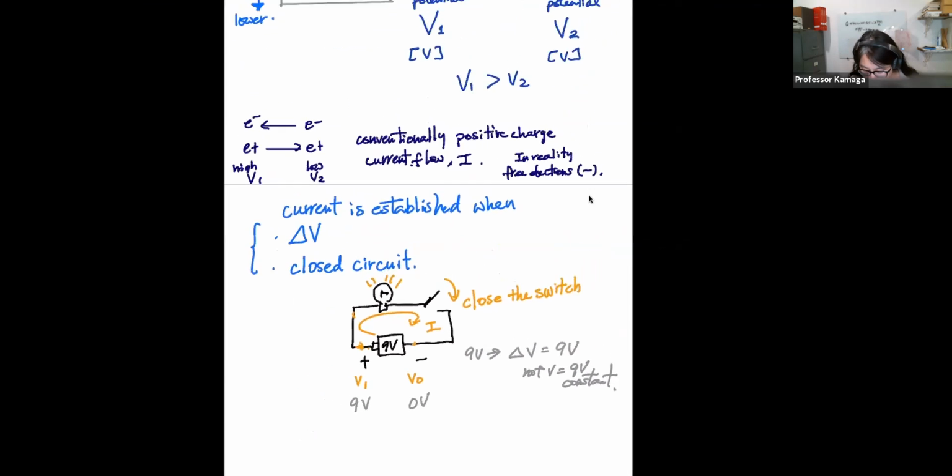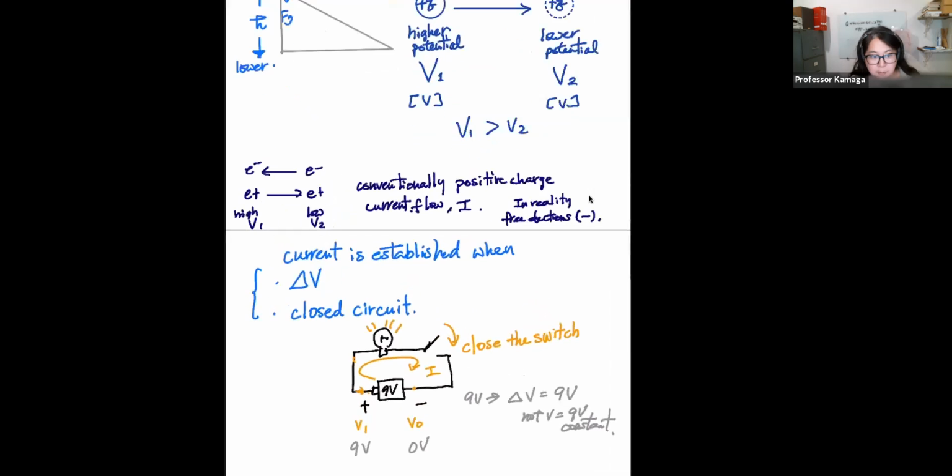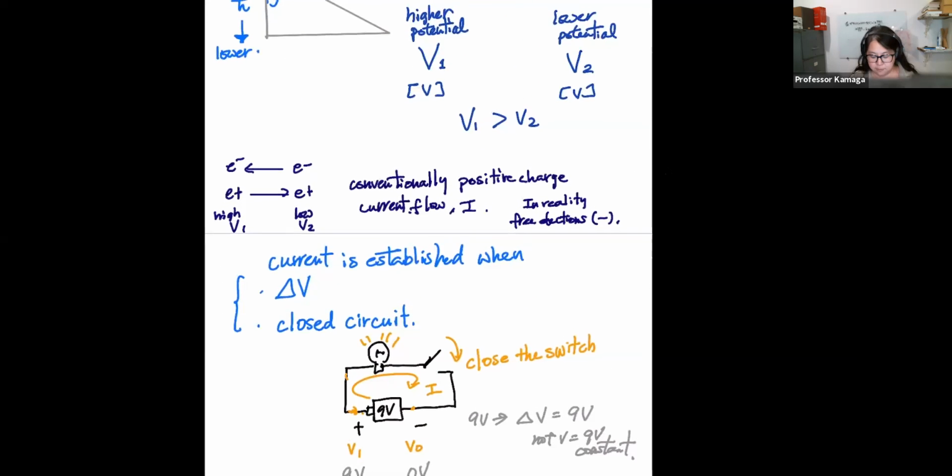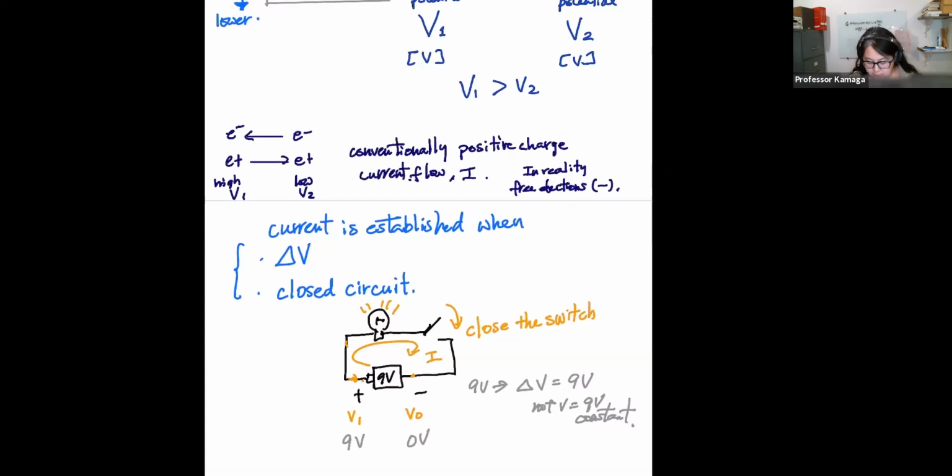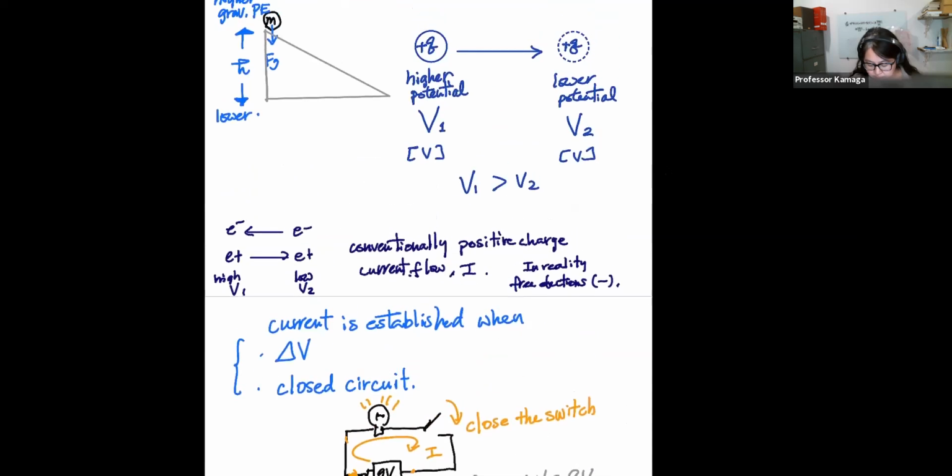So here's the introduction of electric current. Electric current is established when you have a changing voltage, and current flows from high to low voltage, right?